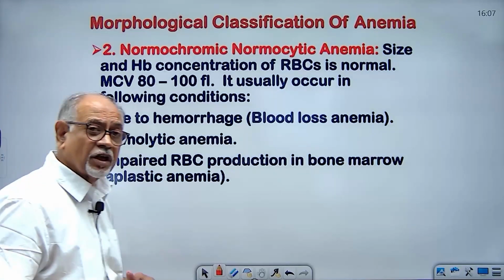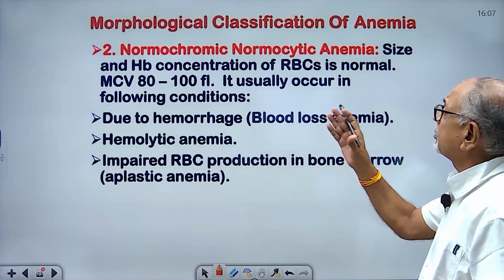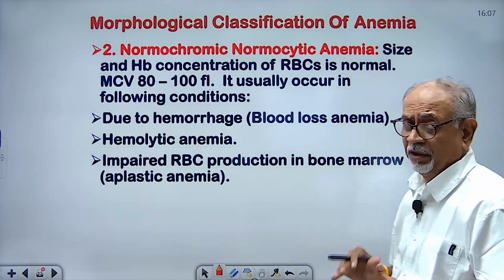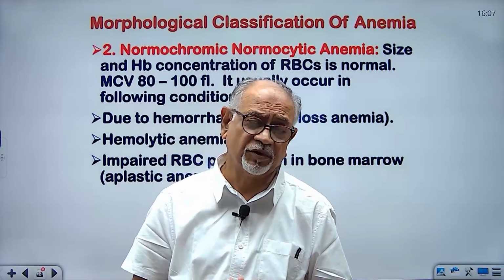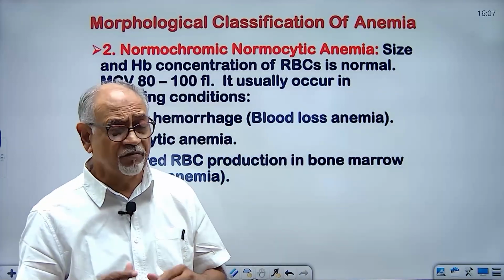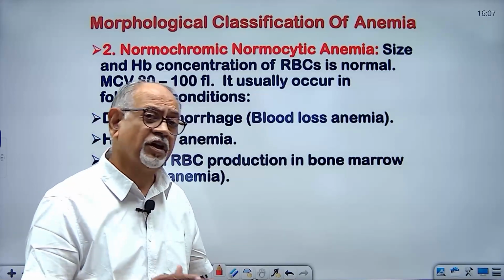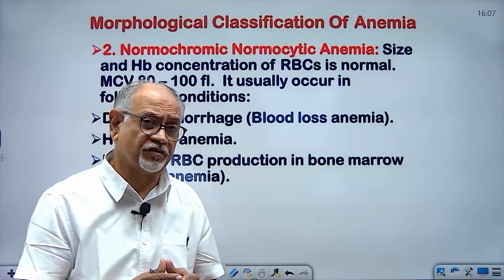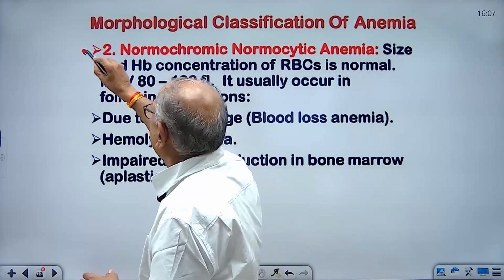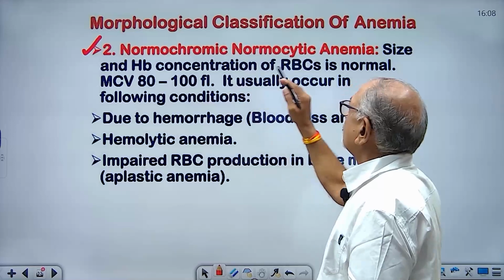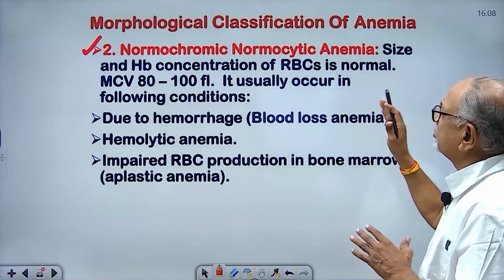Now, the second one is called normochromic normocytic anemia. Even if the size of the RBC is normal, even if the amount of hemoglobin in the RBC is normal, then also in certain conditions anemia occurs. This is called normocytic normochromic anemia. The size and HB concentration of RBC is normal.